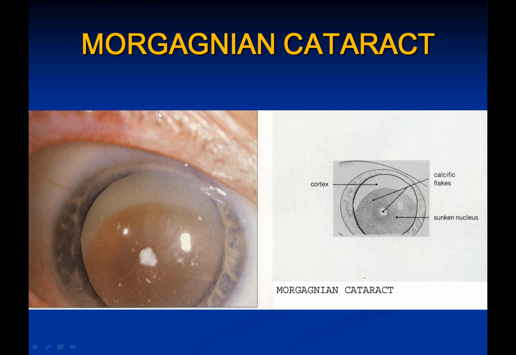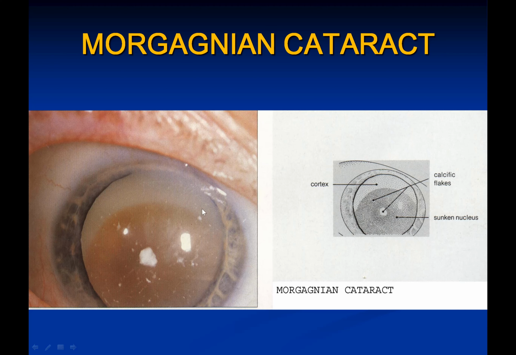Sometimes things change. Morgagni cataract is one variant of hypermature brown cataract. What happens here? You see this patient, we have dilated the pupil, and you are seeing a dark brown nucleus settling in the lower portion of the capsular bag. What happened actually? In some patients, the entire nucleus does not get large enough to fill the entire capsular bag. So the remaining cortical matter of the cataract becomes soluble and is no more solid.